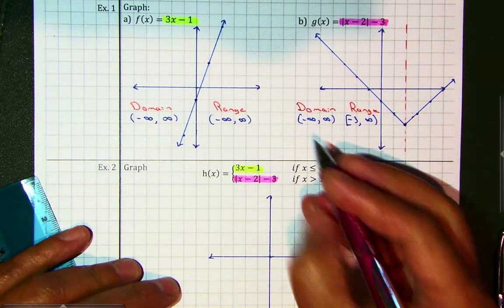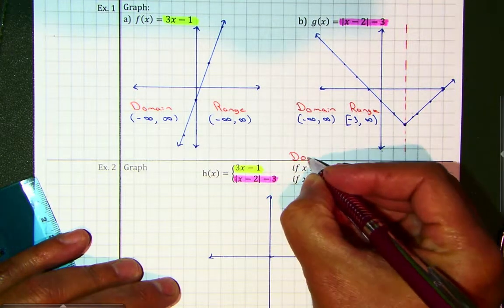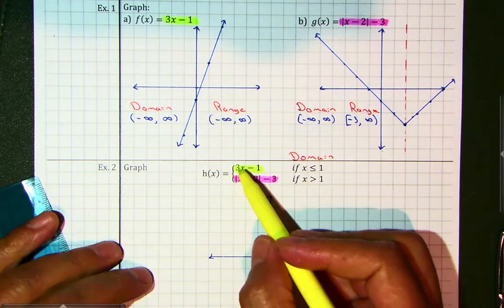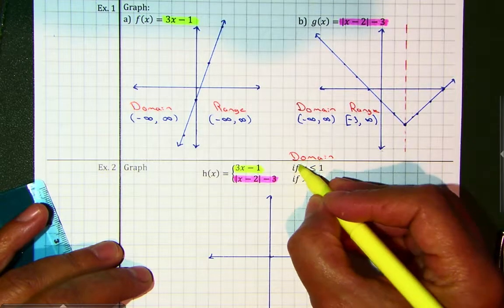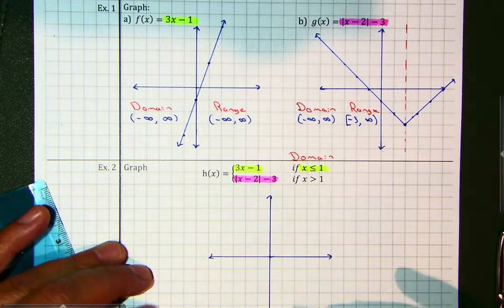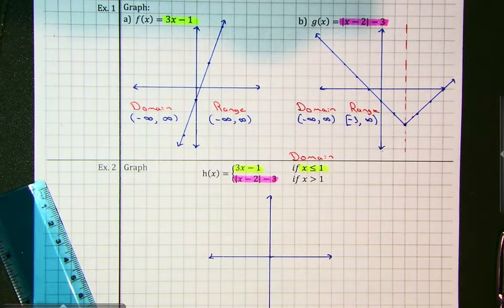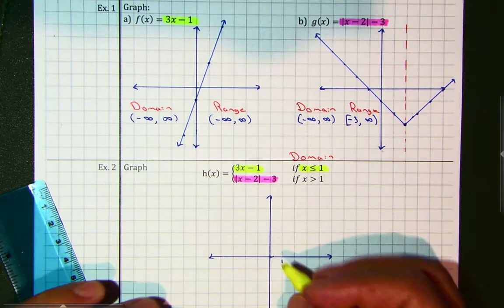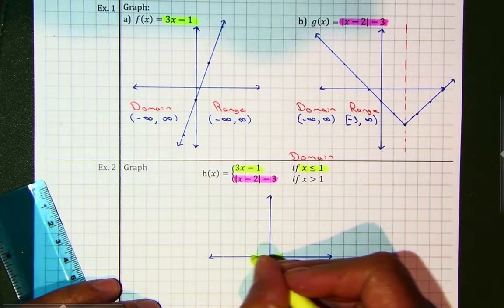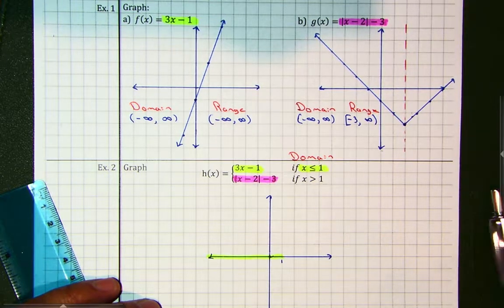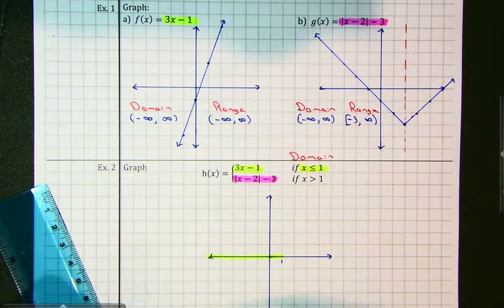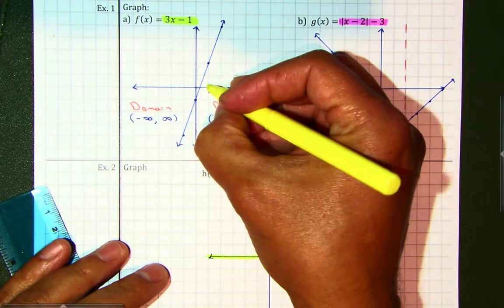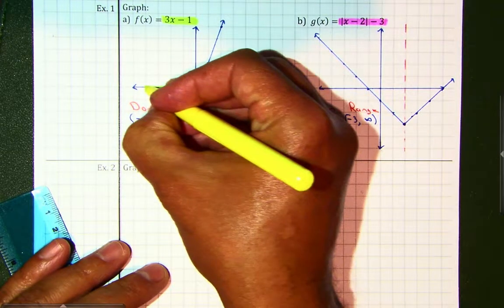And this is your domain for each part. So therefore, the first one, 3x minus 1, will only apply when the value of x is less than or equal to 1. So I'll add 1. All the values that are less are to the left, so that will apply to that part. And if we go back over to this graph, that's going to be the only part that we are going to take.